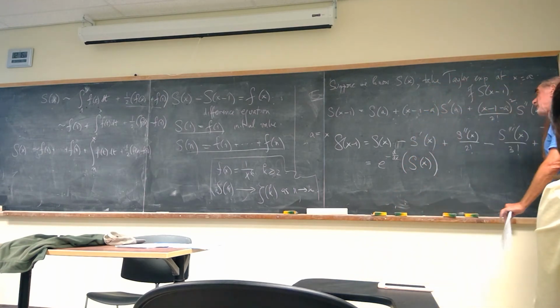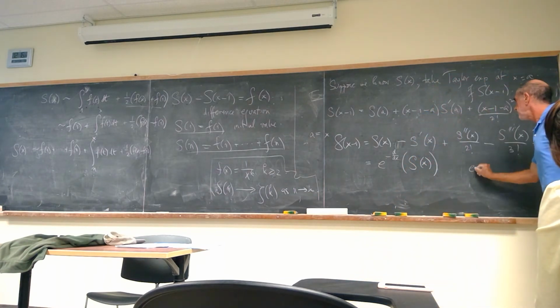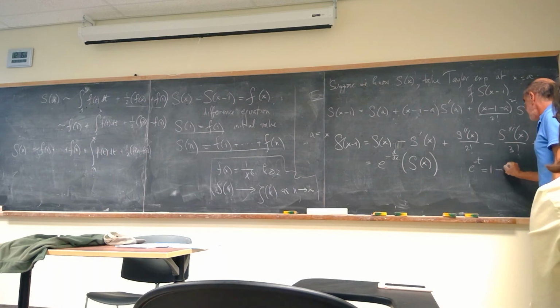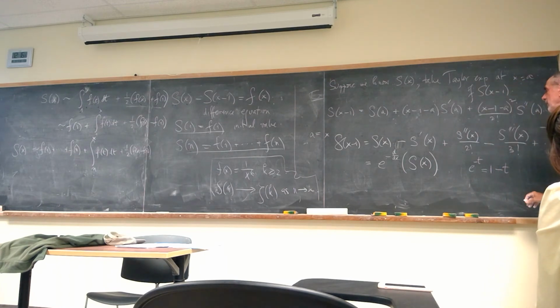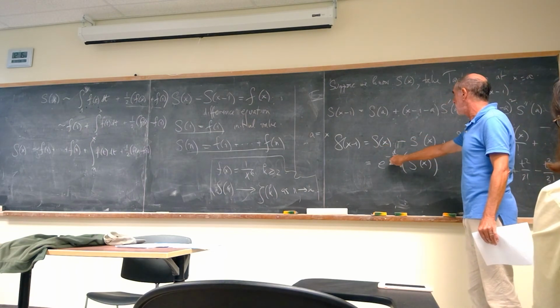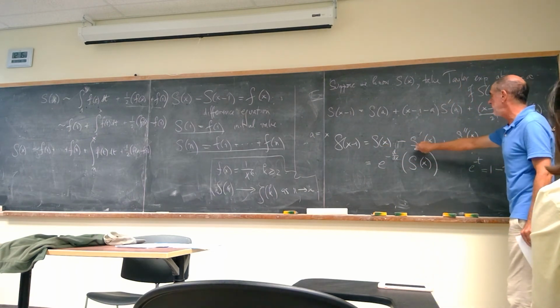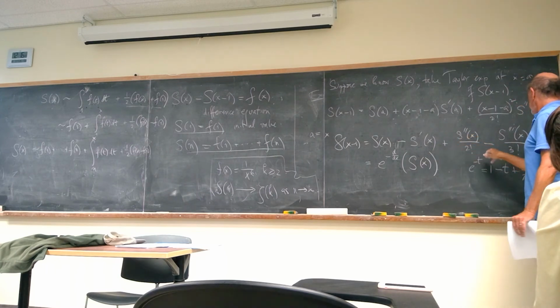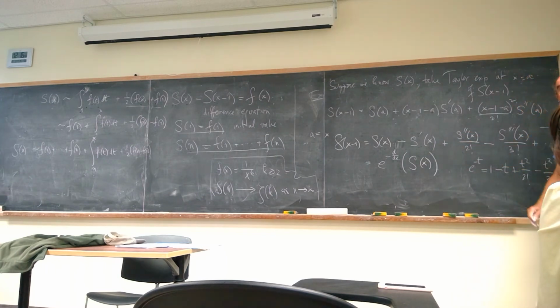I use the power series of e to the minus t, 1 minus t plus t squared over 2 factorial minus t cubed over 3 factorial, and use that as an operator. So the first thing I get is s of x, then I apply this operator with a minus sign, minus s prime of x. I apply the operator with a plus sign twice to get s double prime of x, etc.